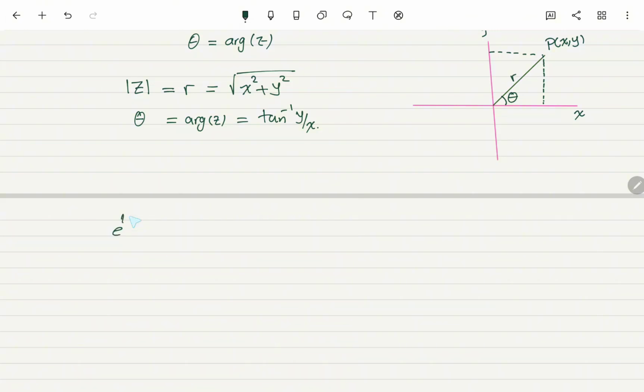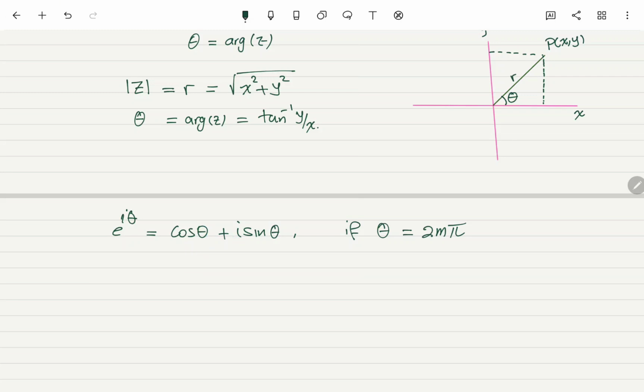Again, e to the i theta is equal to cosine theta plus i sine theta, and from this one here, if theta equals 2m pi, now if we substitute, this part is always equal to 0 because it's sine 2m pi, m 0, 1, 2, 3, any number here, it's always 0, and cosine 2m pi is equal to 1.